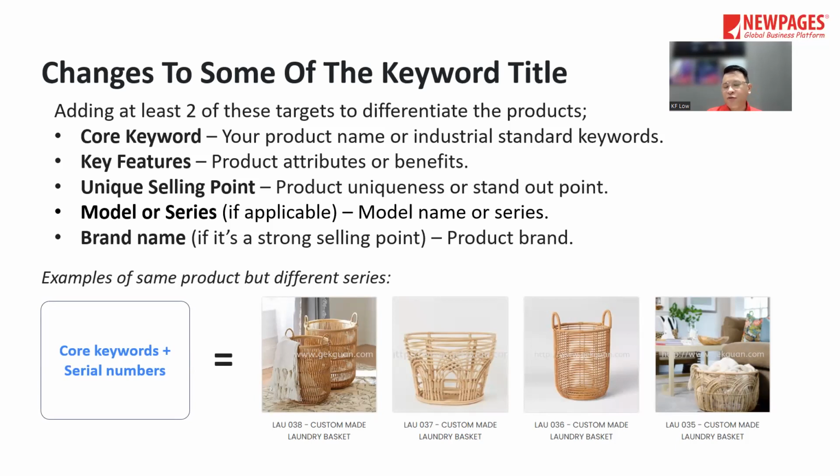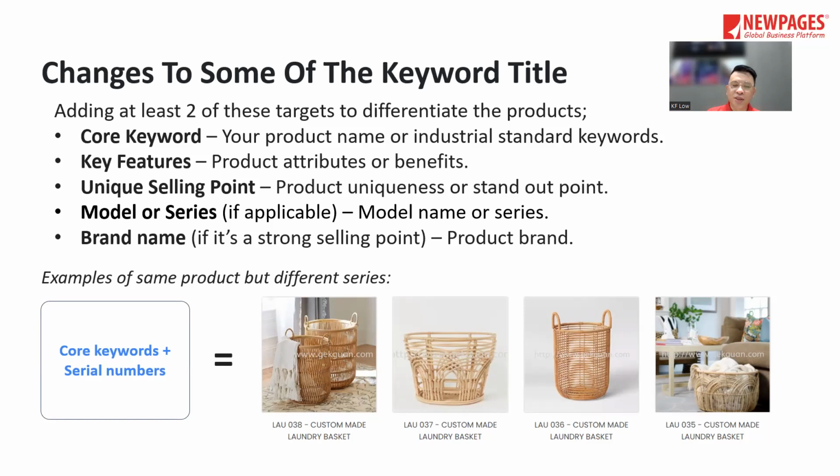But if you have all the same product postings with the same keyword title, you're confusing Google, and Google may just randomly pick one of your products to be listed on the search engine result page.